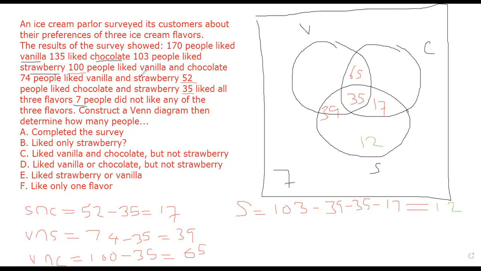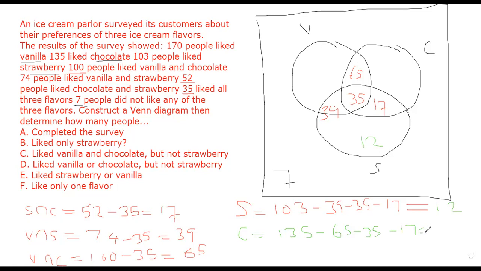Then when we go to our chocolate, we're told that 103 love strawberry, then 135 chocolate. So chocolate is 135 minus what? Chocolate is in here, minus all these: minus 65, minus 35, minus 17.